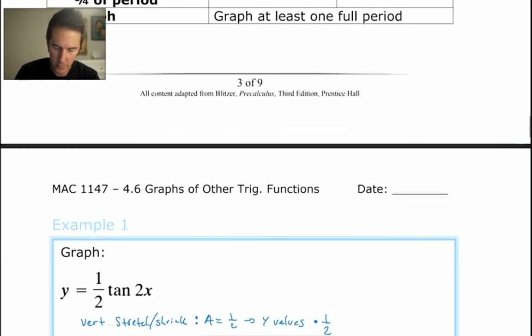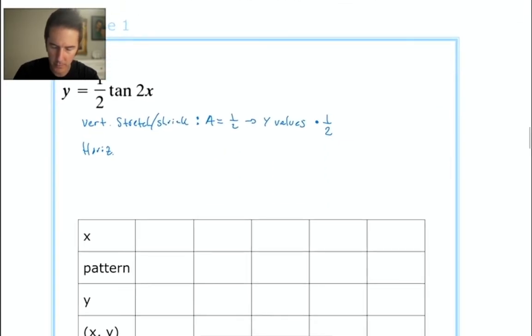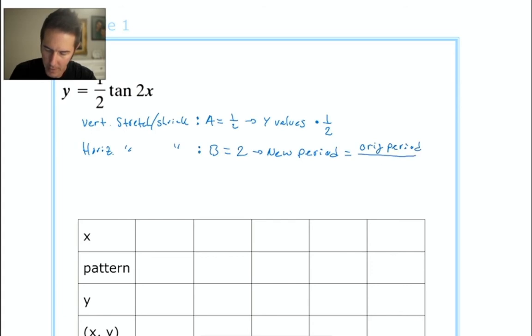Horizontal, oops, I move my hand and sometimes the screen just kind of flies around. Those are quotation marks, stretch or shrink, horizontal stretch or shrink. Our b value here is equal to 2. And so the new period will equal the original period divided by our b value.